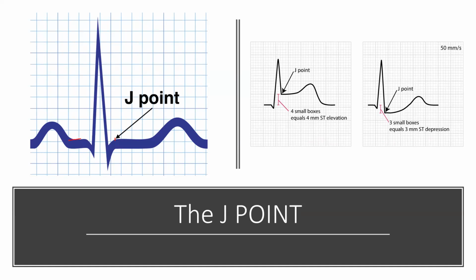So this is the baseline, this is the J point. They are on the same plane, and this is the expected normal. Now, note on the right side of the slide that there are deviations of the ST segment. So right over here, the first one shows an ST elevation. Do we see the ST elevation?